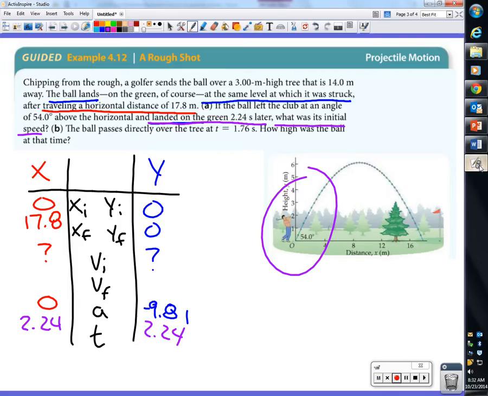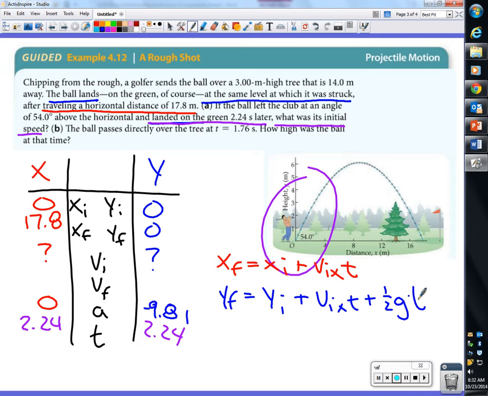So that's going to take us back to the first set of equations: x final equals x initial plus v initial x t, and y final equals y initial plus v initial y t plus 1/2 g t squared.